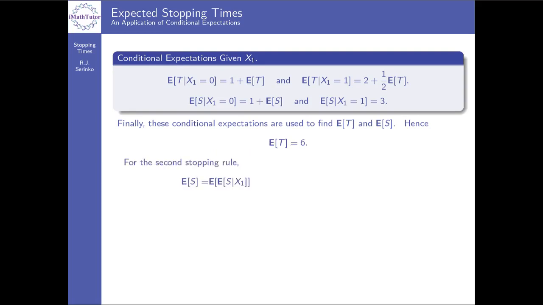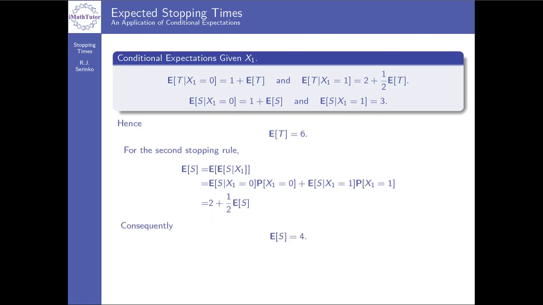Returning to our result from probability theory, the expected value of S is the expected value of the conditional expectation of S given x1. The expected value of S given x1 equals 0. So now we just use the definition of expectation and make substitutions to find that the expected value of S is 2 plus 1/2 the expected value of S. This is solved for the expected value of S, and we end up with the expected value of S equal to 4.